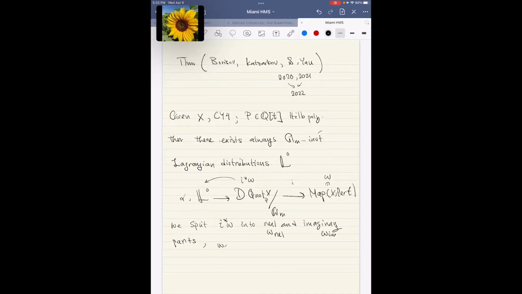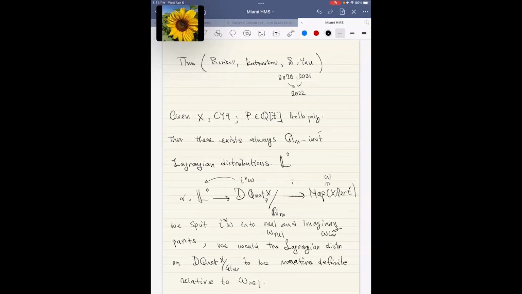And the statement is that we would like the Lagrangian distribution on this derived quot stack to be negative definite relative to omega real.